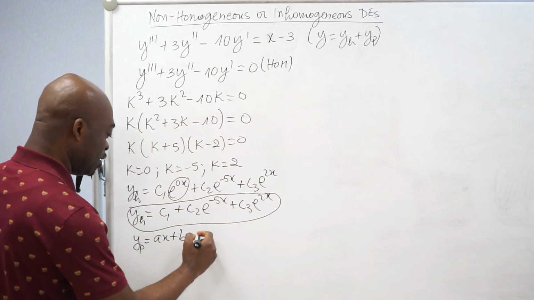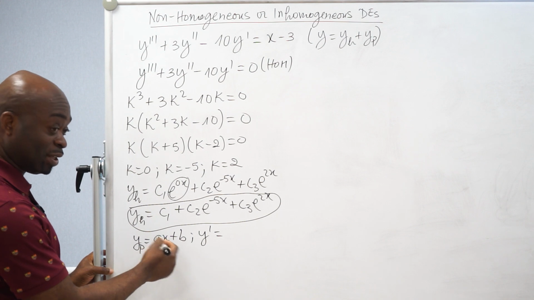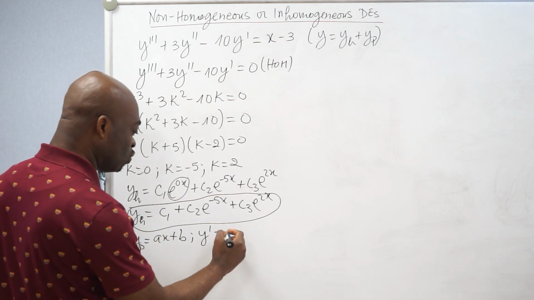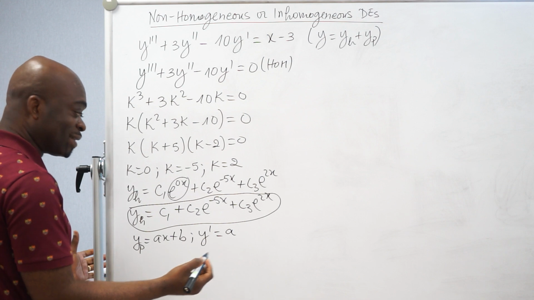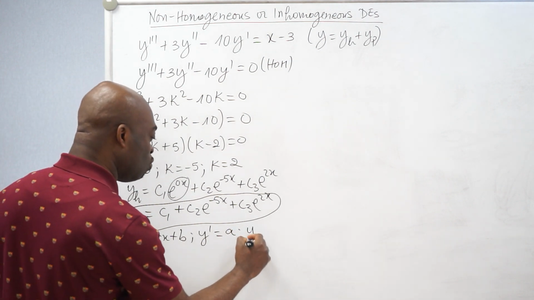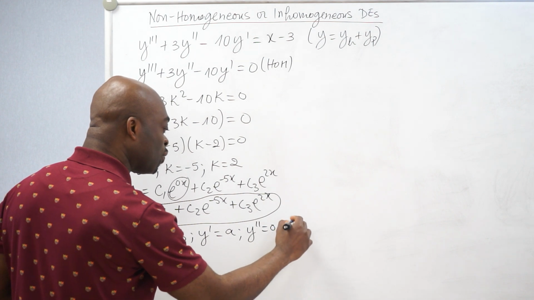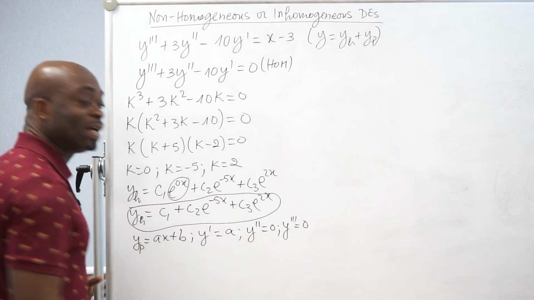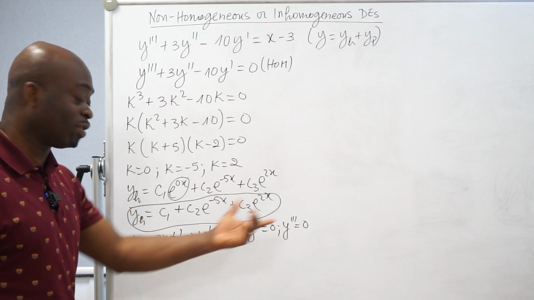Let's go at it. Our y' is the derivative of that, which gives us A only, because the B is 0 as that's a constant. Then our y'' will give us 0, and our y''' will also give us 0.